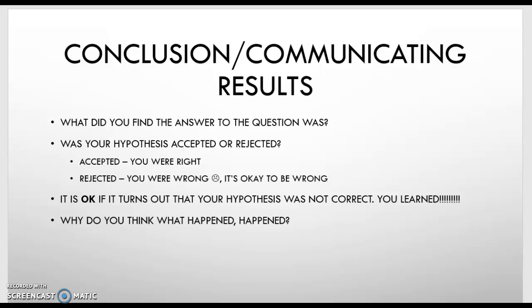So the conclusion and communicating results section, that is where you are really telling the world everything that you observed, everything that you think might have impacted the experiment. This is where you're just telling us everything you can think of about the experiment. What went right, what went wrong, what you wish you did differently, what you did that worked amazingly, all of that.